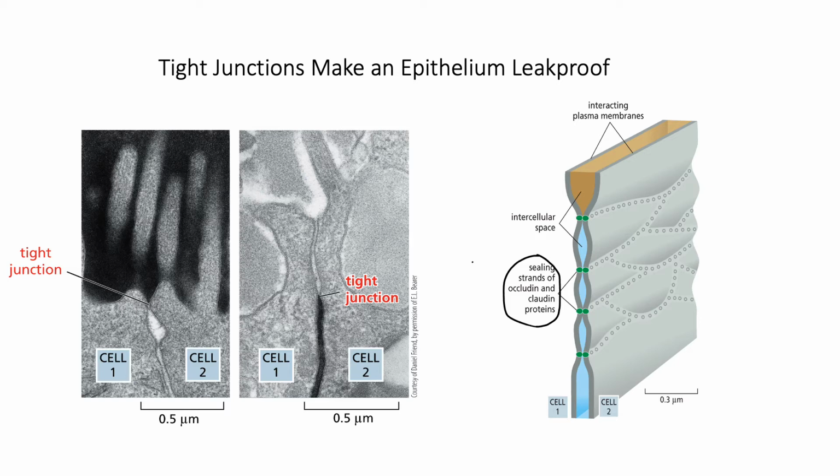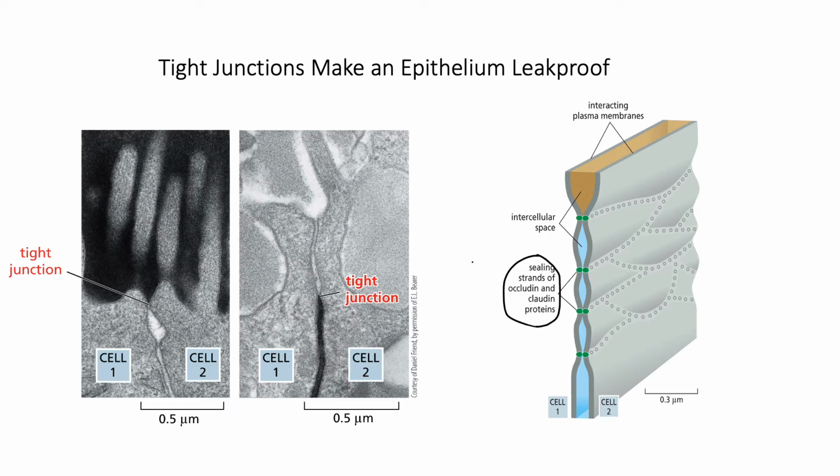Now, if you look carefully at that diagram, what you see is running along where those green dots are, there's a whole series of little circles, and what those represent are the clustering of these occludin and claudin proteins, and they're so close together, and they bring the membrane so close together in forming this junction, it almost looks like stitching. And so it holds the cells together, and it makes this incredibly tight and impermeable junction.